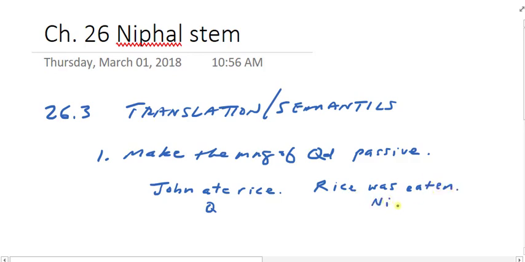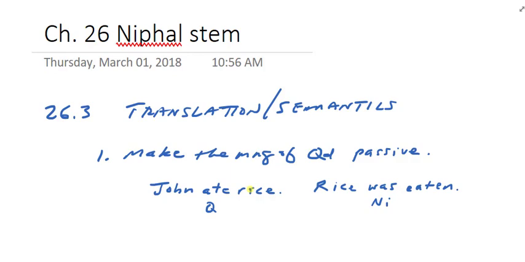I would use the nifal of that verb, to eat. Okay, rice was eaten. So that is by and large the most common way to see the nifal used. It's to take a verb that exists in the qal with active and transitive use or force, and then to make it passive in meaning.